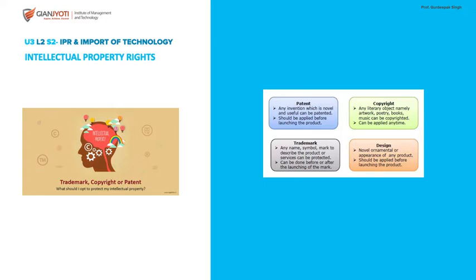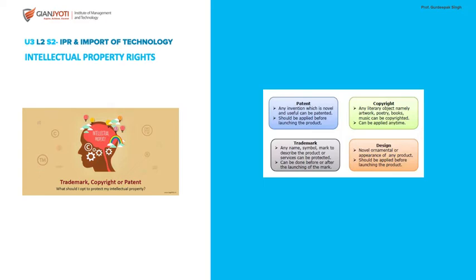And design, as I said, it can be the jewelry you are going to look at, because gold is the same, but it's the design that matters. So that can be protected. So novel, ornamental, or appearance of any product. It can be product design because you might have heard that there were two mobile companies and one was saying the other mobile company has copied their design of the mobile.